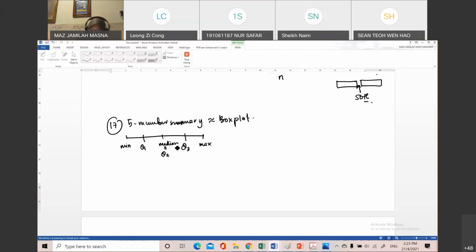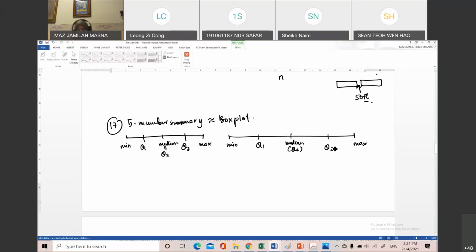But when we are talking about box plot, it's more than that. We are still using the minimum, we are still using the max value, and let's say we assume this is where the median is. This is your median, this is your Q2, and let's say this is your Q1, and this is your Q3.